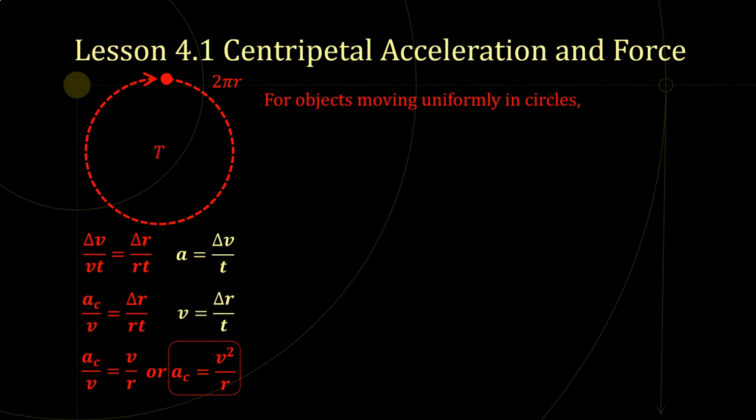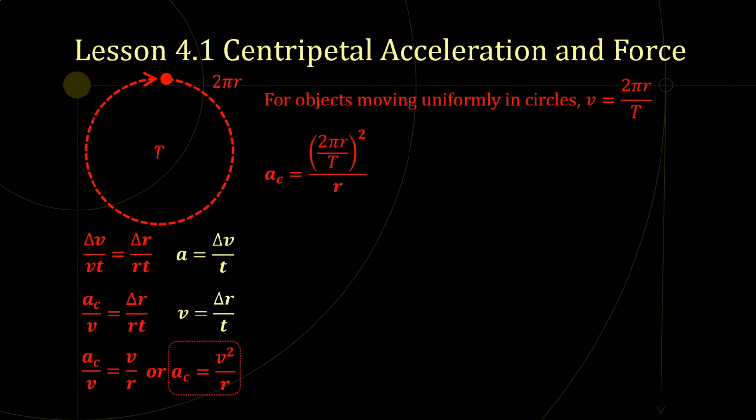So for objects moving uniformly in circles, you can calculate the velocity around the circle by just dividing the circumference of the circle, 2 pi r, by the period, the total time to make one complete revolution. If I plug that 2 pi r over t in for v in our centripetal acceleration equation, notice that I can simplify this to make a new expression.